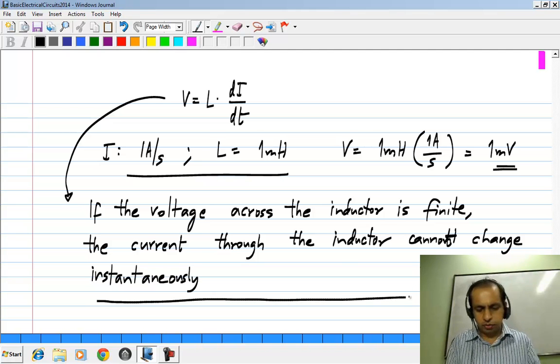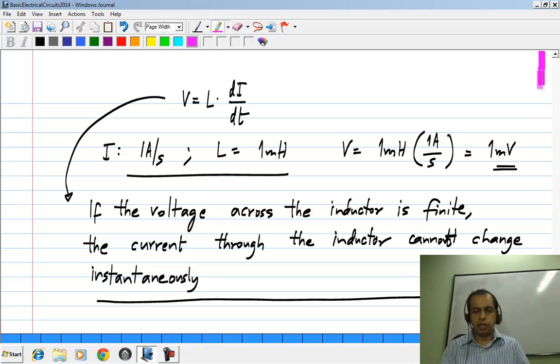So clearly that's apparent from this relationship. If the current changes instantaneously, the time derivative is infinity and the voltage would have to be infinite as well. So this is analogous to the voltage in a capacitor, which also cannot change instantaneously if the current through it is finite.